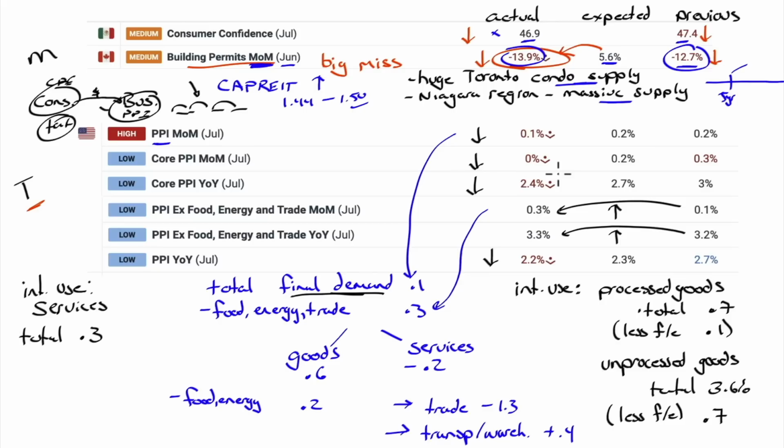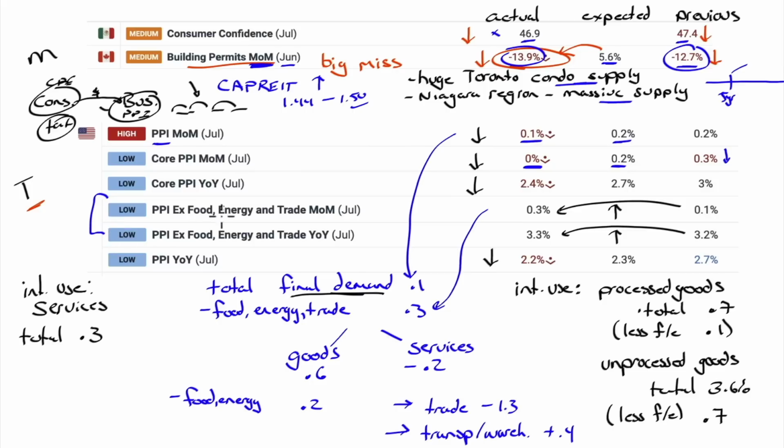It is part of the cost that we would pay attention to if we're looking at inflation versus deflation. PPI month over month headline 0.1. The expectation was for 0.2. The core came in at 0. The expectation was for 0.2, and the previous month was revised down to 0.3.